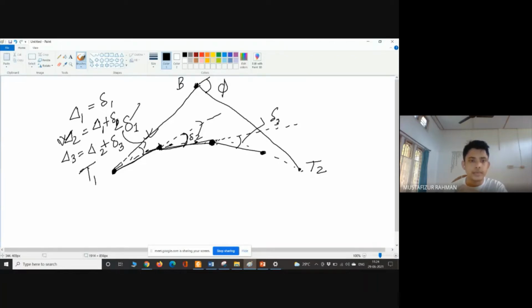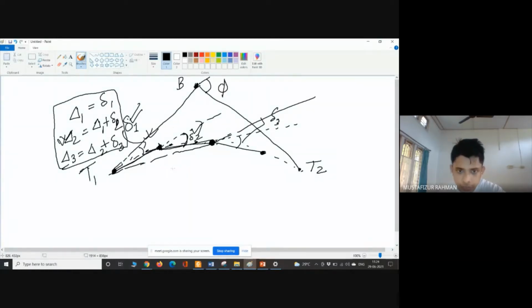Okay, like this. So we are taking the cumulative values. If we add small delta 1 and small delta 2, we will get another angle. Okay, this angle we will be looking towards here, this way.